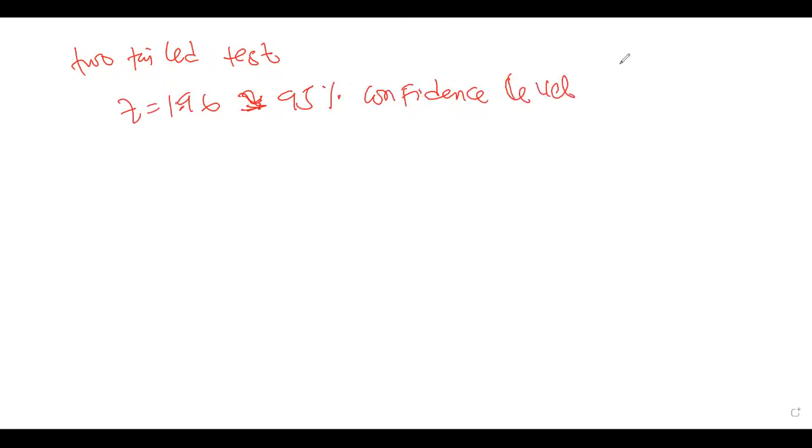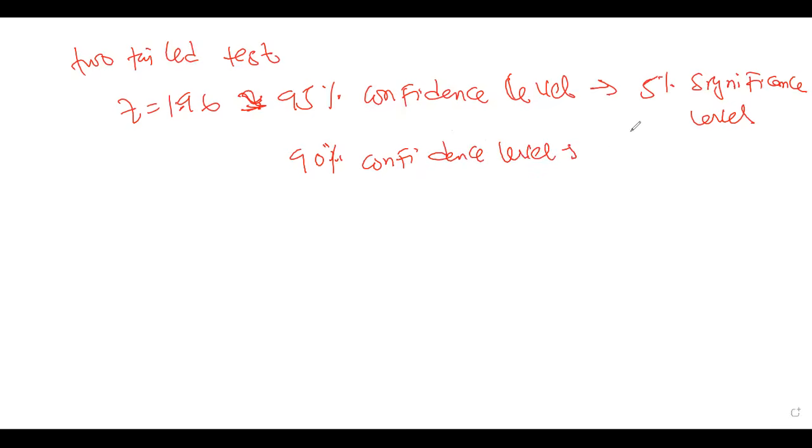And the addition I'm going to make here is that it also corresponds with 5% significance level. So whenever you have 95% confidence level, the remainder is the 5% significance level. In other words, if I have 90% confidence level, the significance level will be 10%.